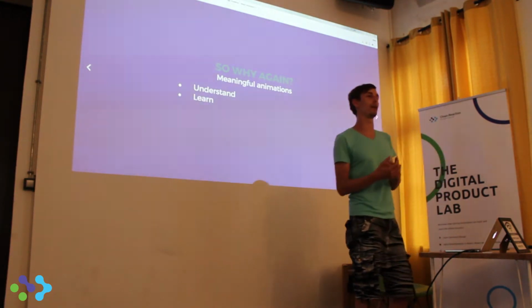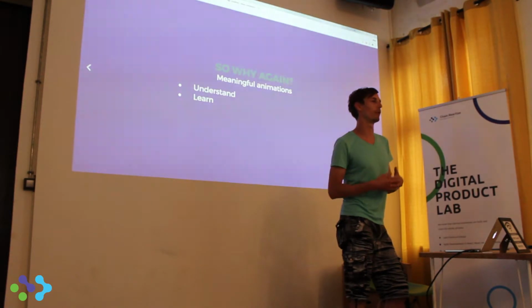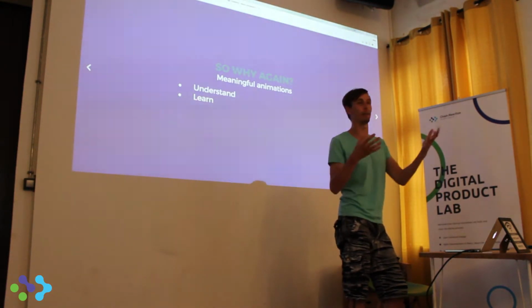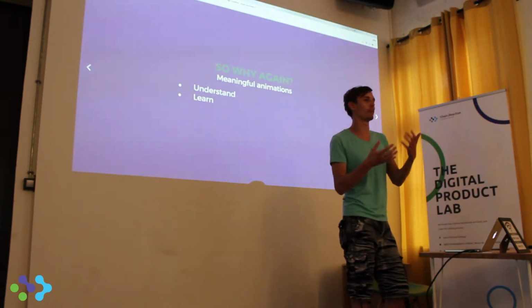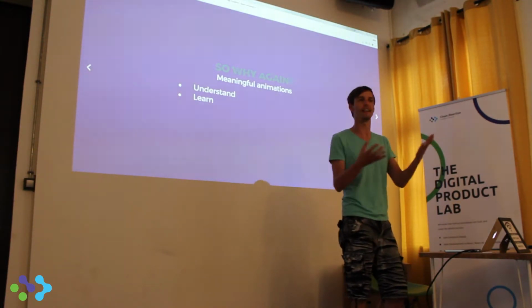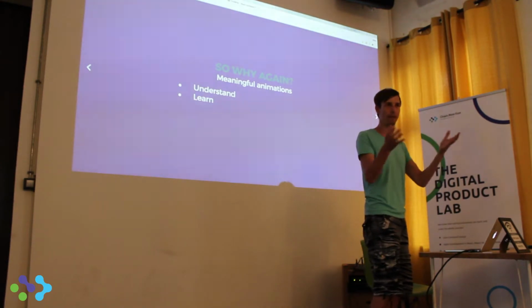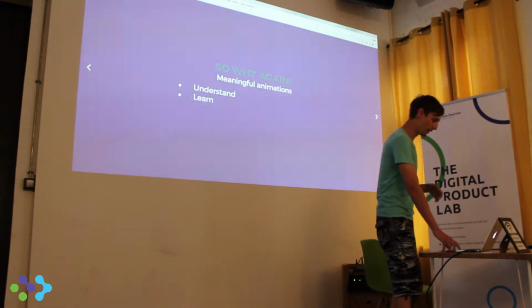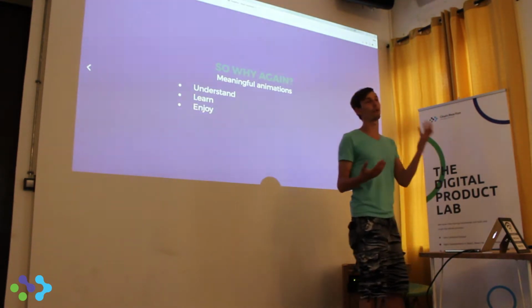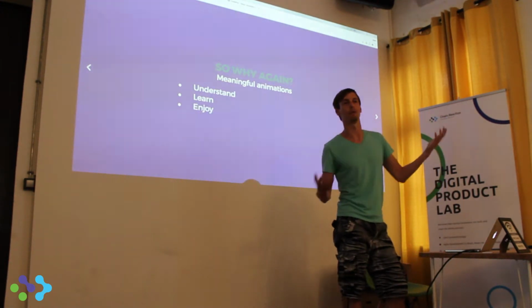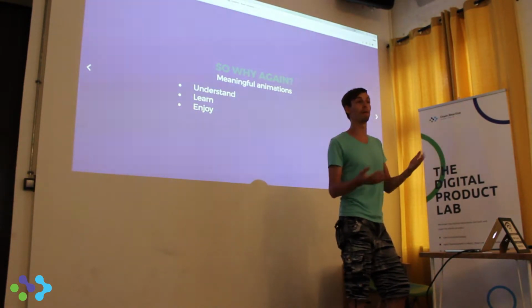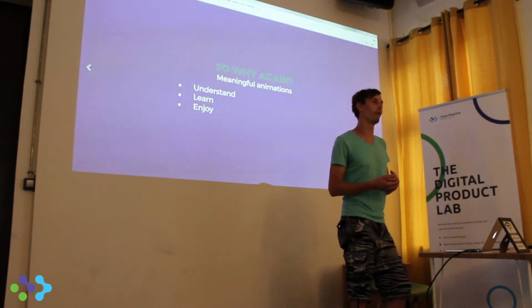They can even learn from the animation, so we don't have to wait for user interactions to animate. We can automatically create some animation indicating that something could happen there, and this is how we can teach users how to use our applications. Also, it makes our applications more enjoyable, because good animations are memorable and remarkable.